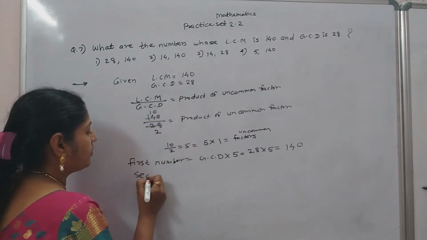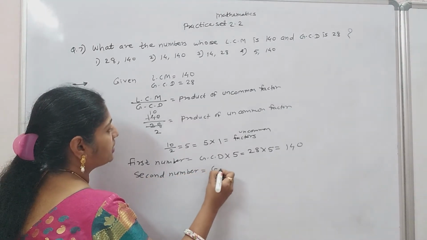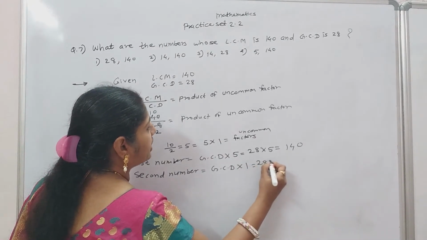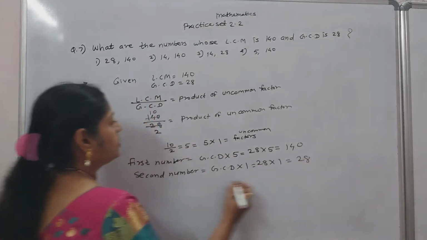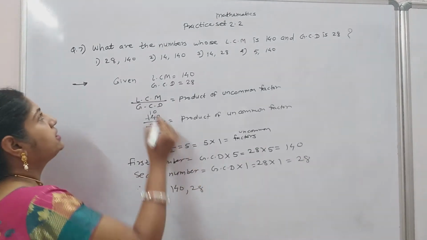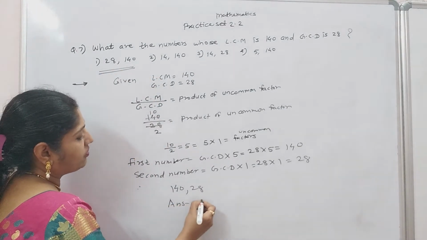And the second number equals GCD into another factor, that is 1. GCD 28 into 1, that is 28. So the numbers are 140 and 28, and this is option number 1. Our answer is option number 1.